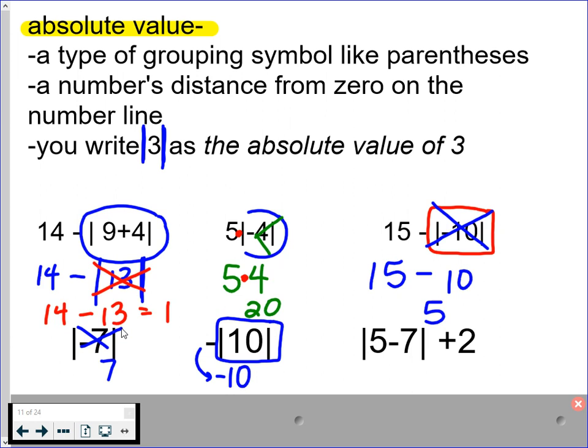The last one might be tricky for some people who haven't practiced negatives a lot. If you have $5 and you try to spend $7, the cashier at Culver's is going to say, sorry, you don't have enough money. You're going negative.